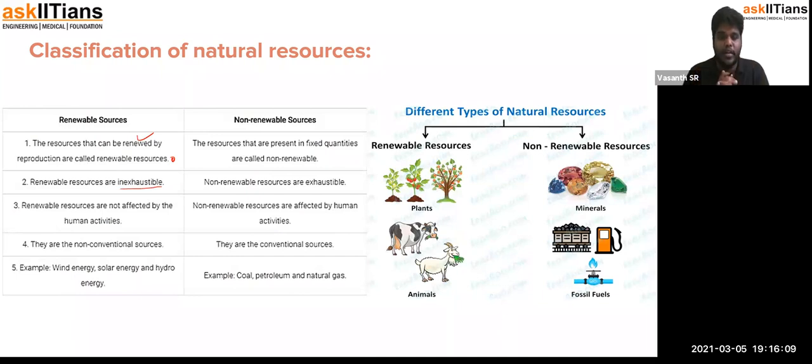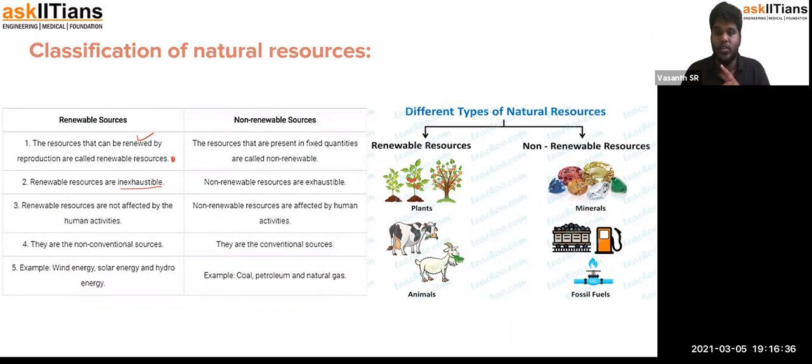Those are examples of non-renewable resources, and they are all conventional in source. Examples of renewable resources involve energy that is non-conventional, like wind energy, solar energy, and hydro energy. So these are the differences between renewable and non-renewable resources, the two basic classifications based on their availability for human beings when it comes to natural resources.